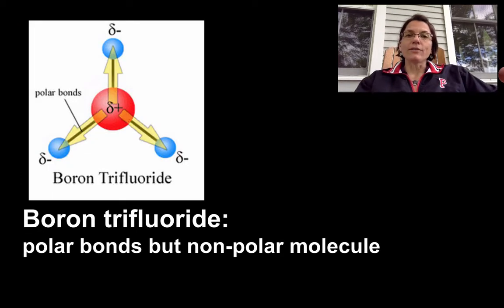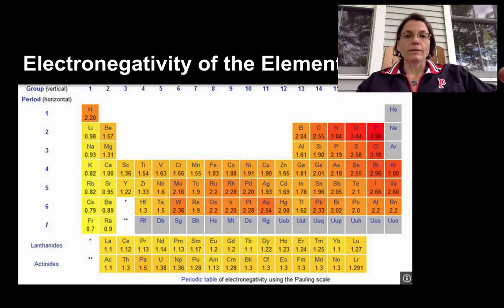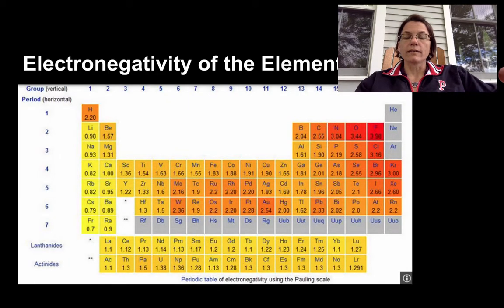Now, if we look at another example, we have a classic example of a nonpolar molecule that has three polar bonds. In this case, we have the molecule boron trifluoride. The boron-fluorine bond is a polar bond, but let's go back and look. Boron has an electronegativity of 2.04. Fluorine is 3.98.